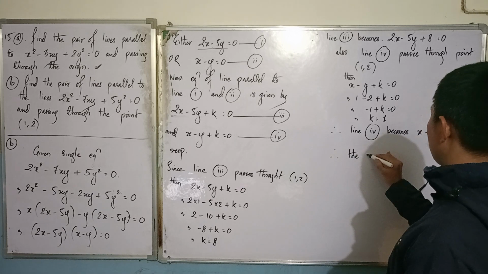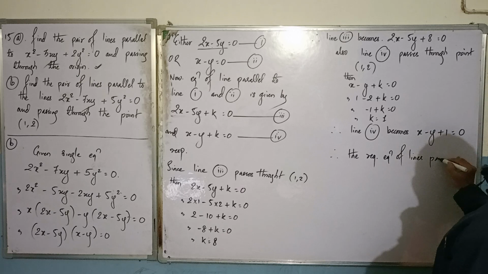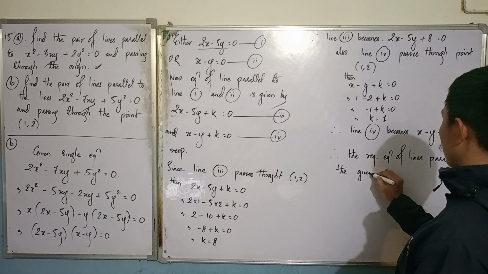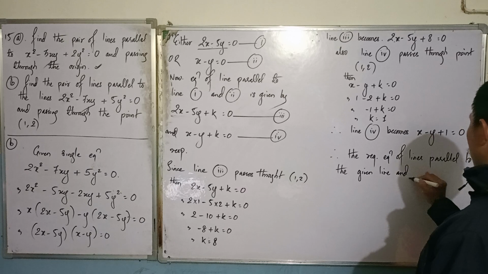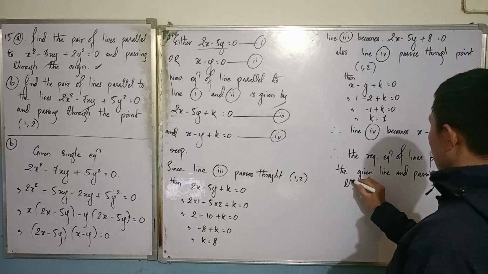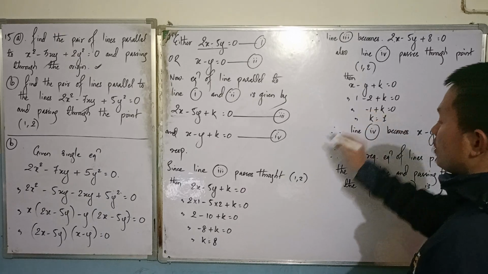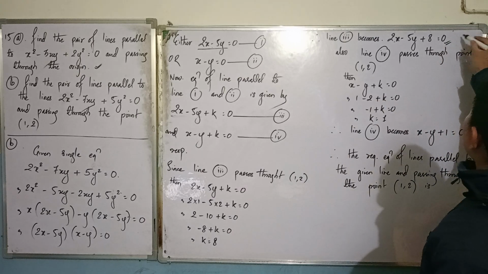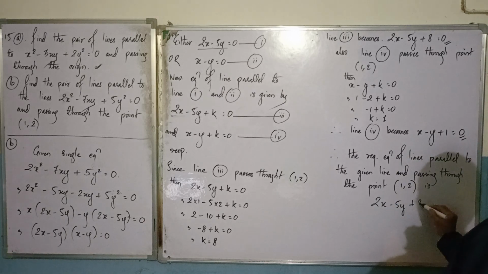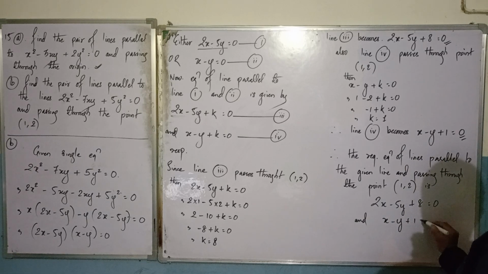Therefore, the required equations of lines parallel to the given lines and passing through the point (1, 2) are this: one is 2x minus 5y plus 8 equals 0, and another is x minus y plus 1 equals 0.